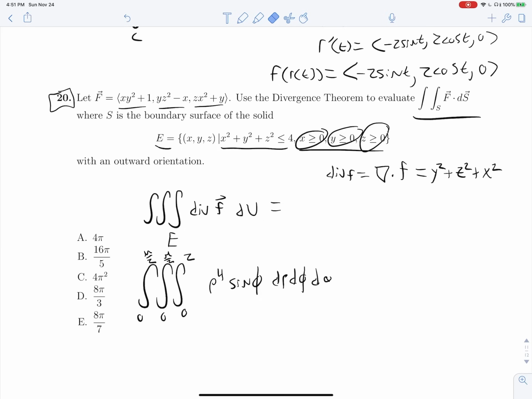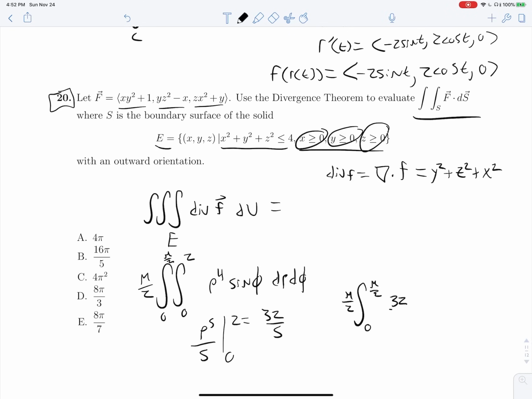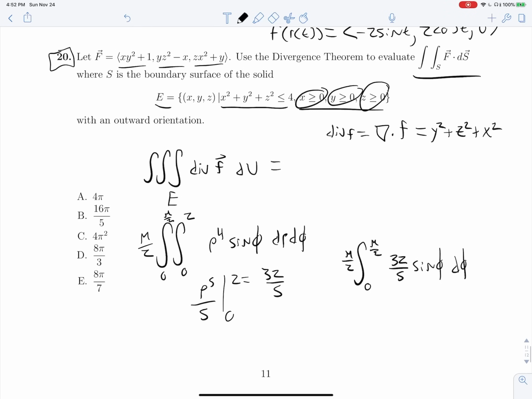So doing this, rho to the 5th over 5 from 0 to 2, that's going to give us 32 fifths. Now if we realize that we're not dependent on theta at all, our integral becomes pi over 2 times the integral from 0 to pi over 2 of 32 fifths sine phi d phi.